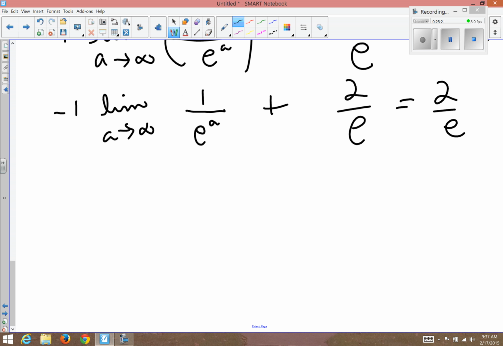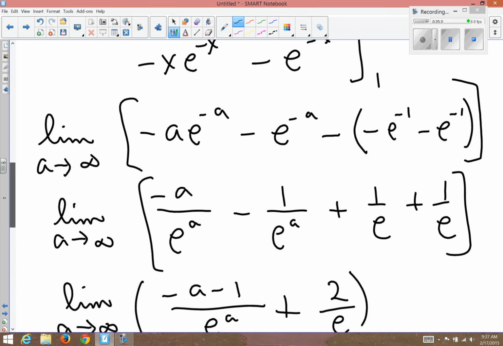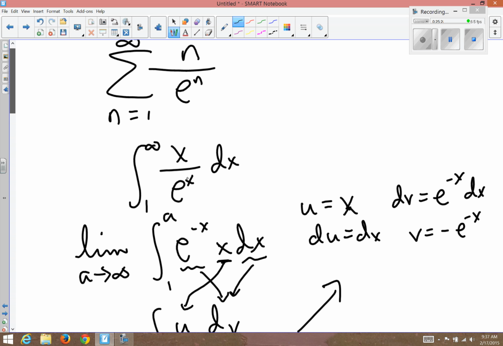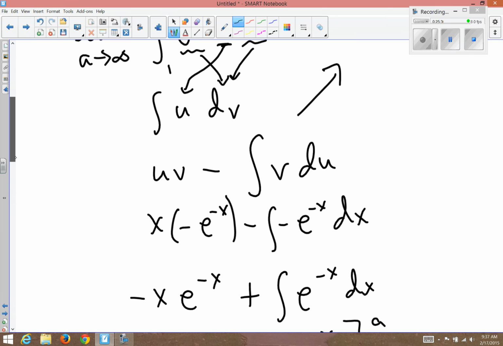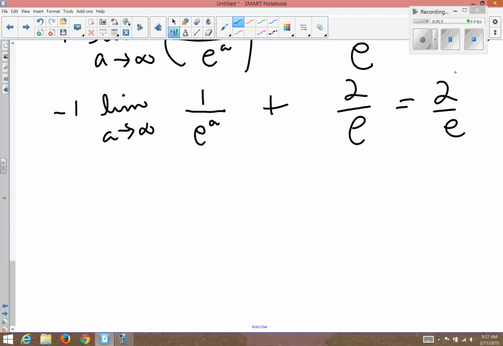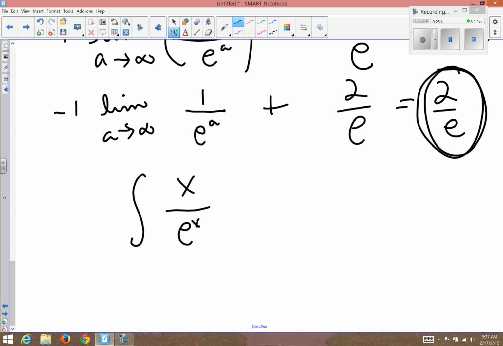And because the improper integral way back here is equal to something other than infinity, we just showed that that is equal to 2 over e, which means this improper integral converges.